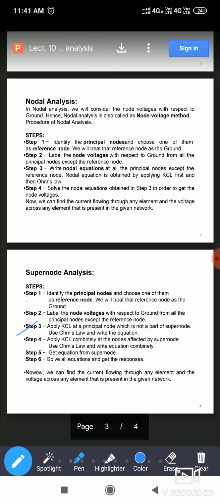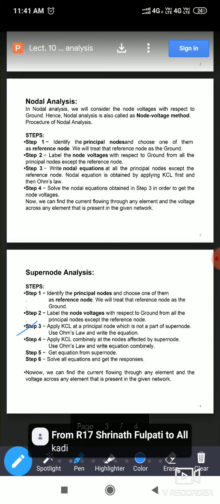Now next, step number 5, get an equation from the super node. Because we left that part, we did not apply KCL for that particular branch which is connected by the voltage source. From that you can get one more equation. That is step number 5.